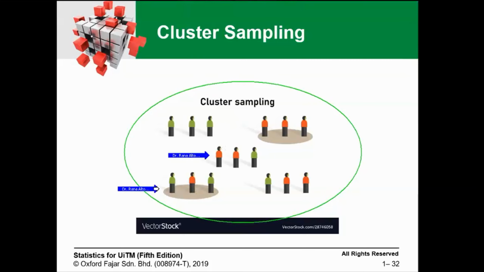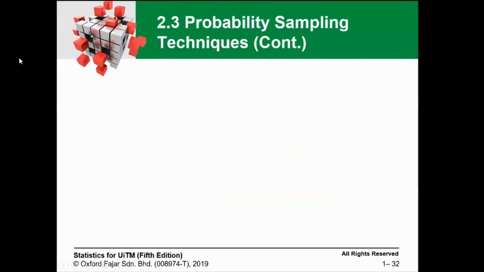But here, when we are talking about the stratified sampling and later the cluster sampling, our population is heterogeneous. It means the people in the population do not have similar characteristics.